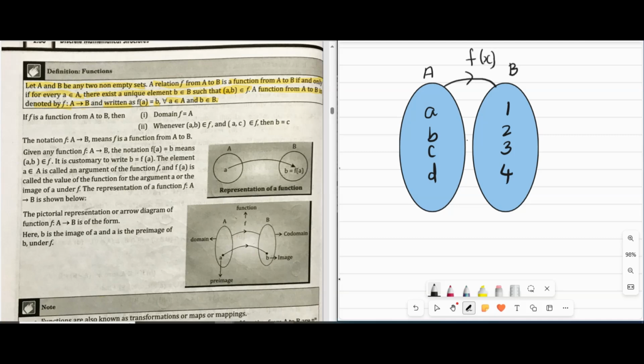And f of x, we can say this as y equals f of x, and this one you can call x also. Then what is this called? This is called domain. And what is this called? This is called codomain.